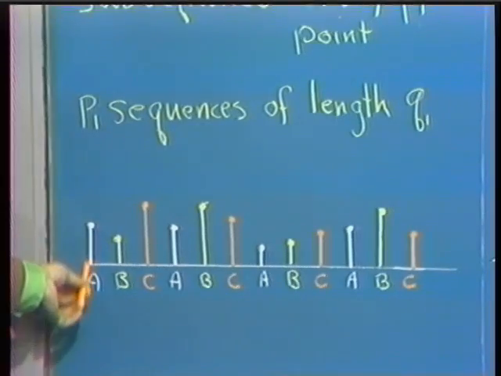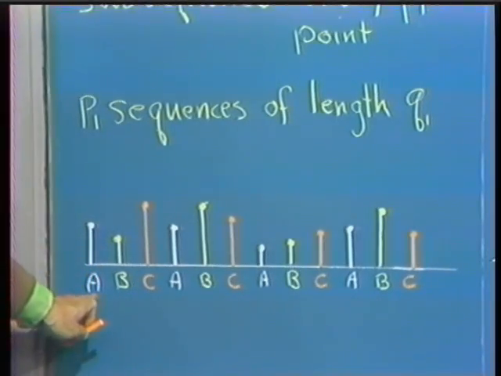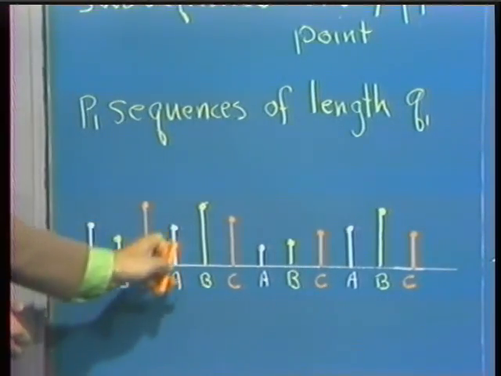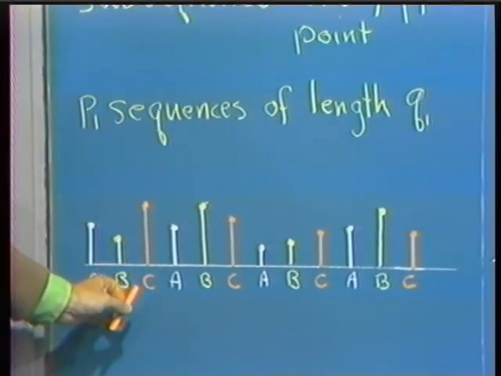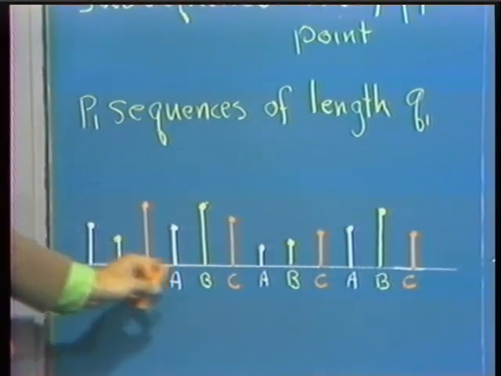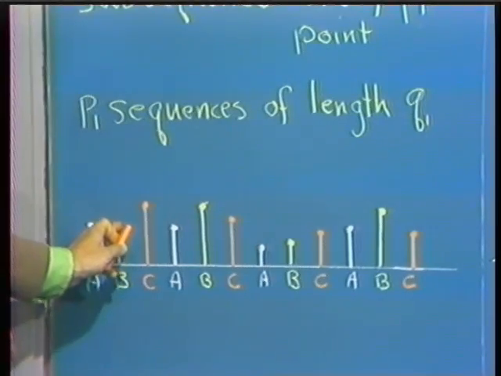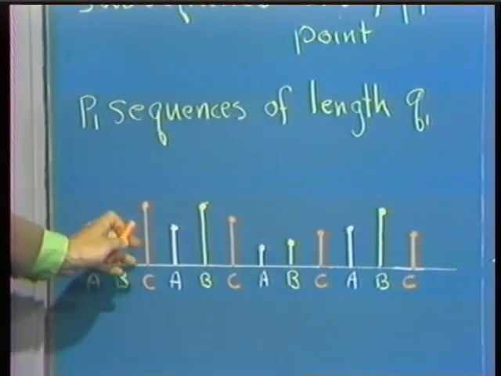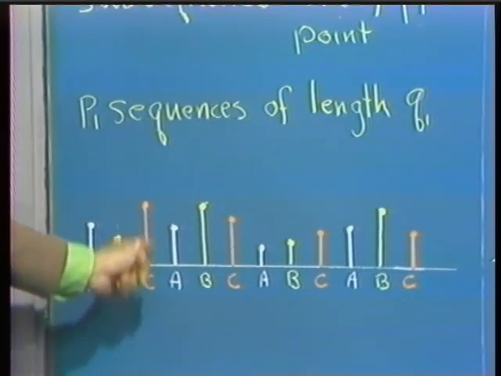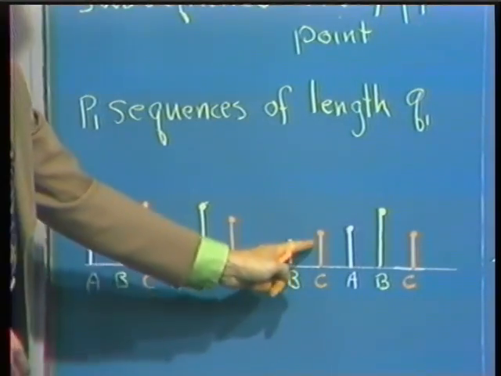So one subsequence, which I've denoted here by A, would be this point and this one and this one and that one. The second subsequence would be the subsequence B, which is comprised of this point, this, and that. And the third subsequence would be the subsequence C, which is this point, that point, and that point.